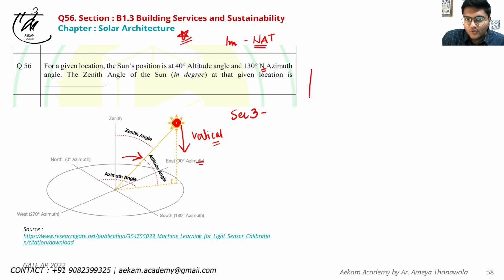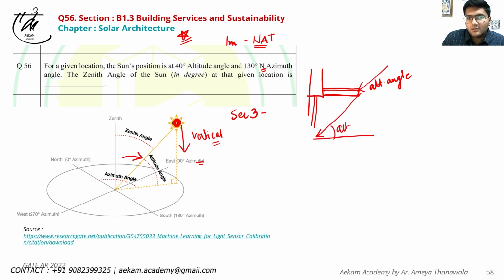So if you are designing, for example, this is your wall, this is your window. If you are designing a horizontal shade in section, whenever you are working with section like your chhajjas, overhangs, you use your altitude angle, right? This is your plane, this is your altitude angle.